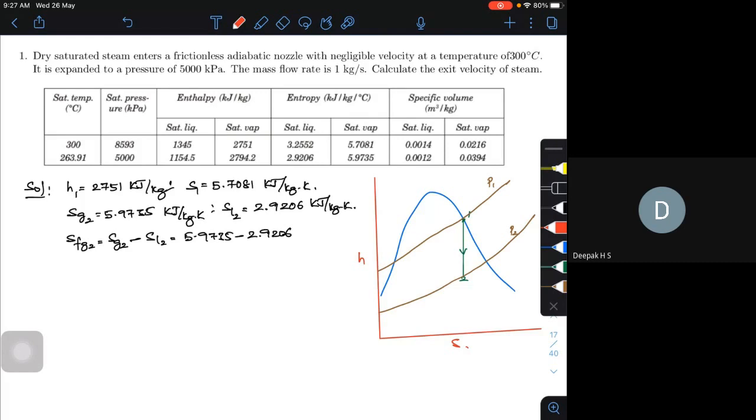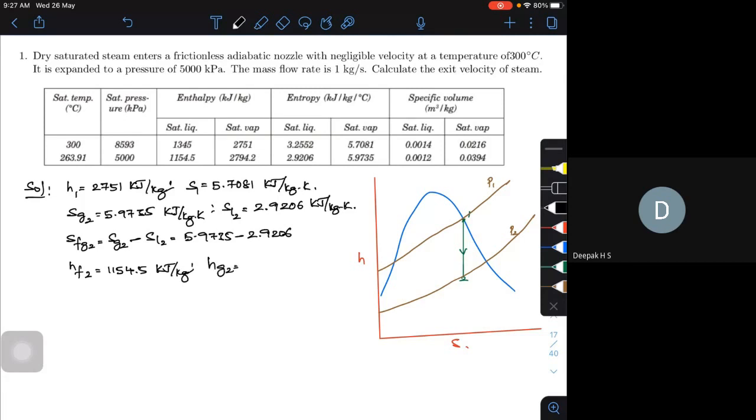Now what is HF2? Because it is in this region, I have to go for HF2. HF2 is equal to 1154.5 kilojoules per kg. Then what is Hg2?